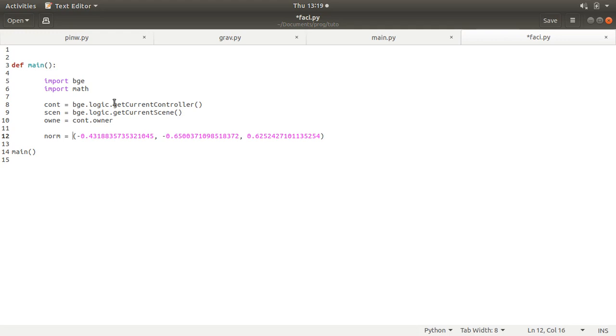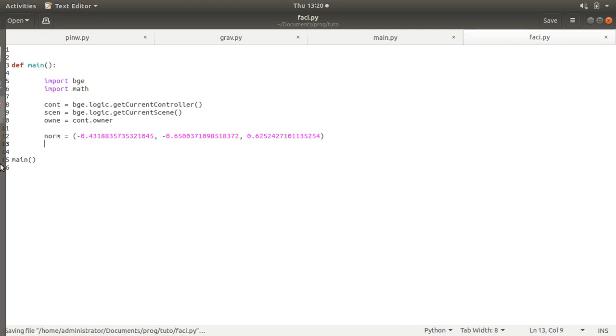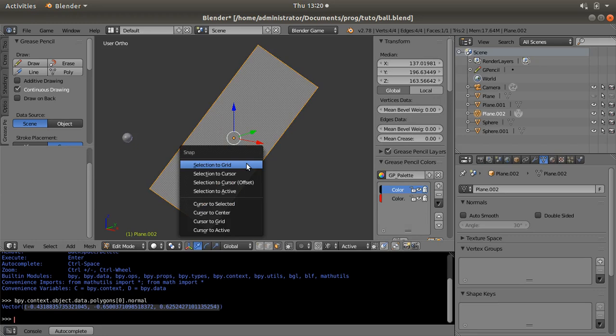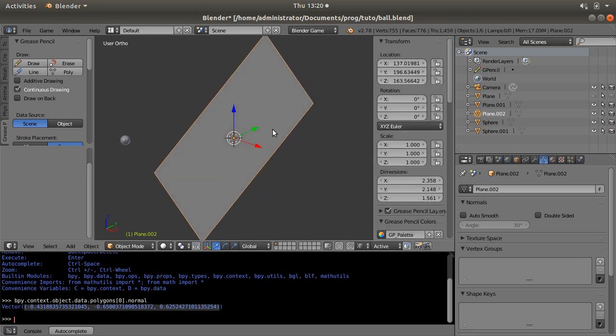And then I need my center. In this case, the center of the plane is equal to the location of the plane, so I'll just use the location.